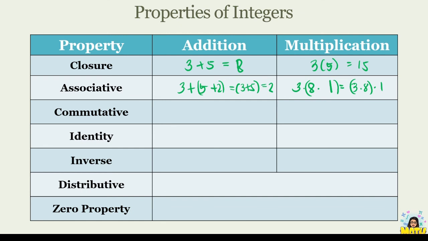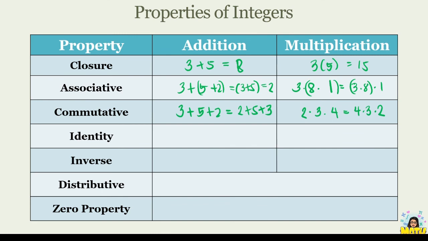While commutative is more on the order. So we can have 3 plus 5 plus 2, that is equal to 2 plus 5 plus 3. Kahit pagpalitin pa natin yung position nila. Ganun din sa multiplication, 2 times 3 times 4, or 4 times 3 times 2 pa man yan, they will have the same answer.